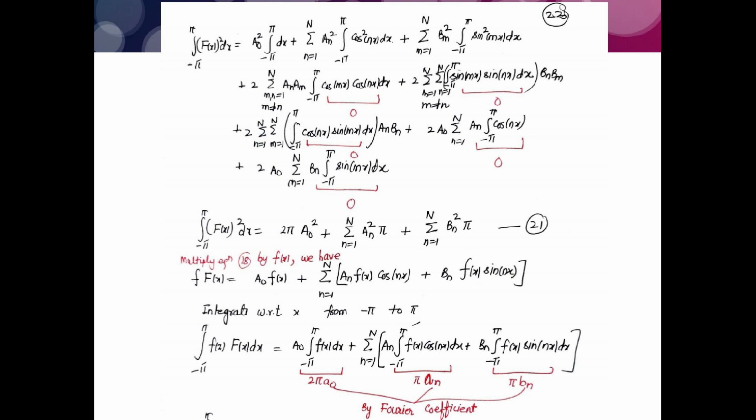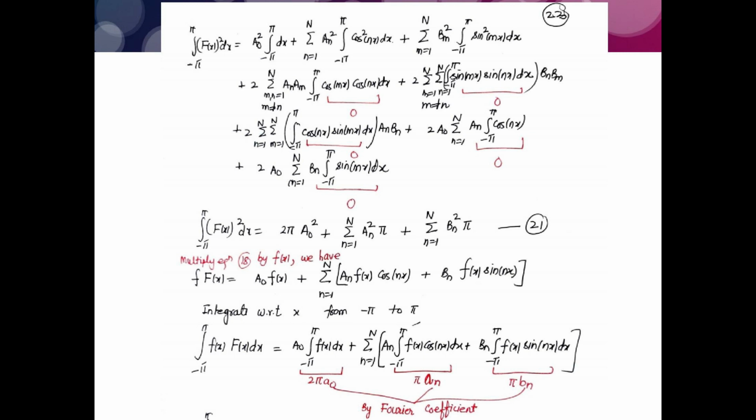In this summation, you can write down summation over m from 1 to capital N or from n 1 to capital N. It hardly makes any difference. So after simplification, we have equation number 21.